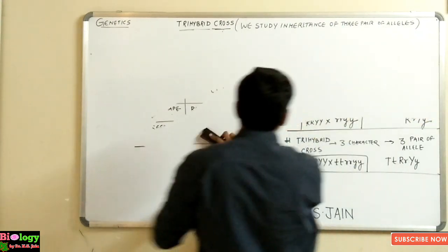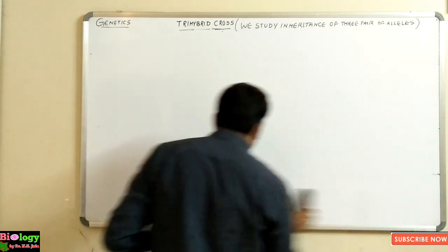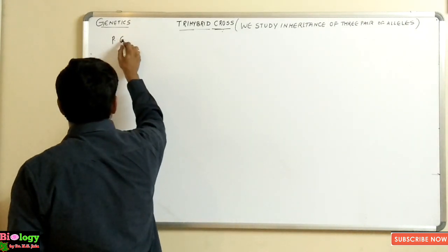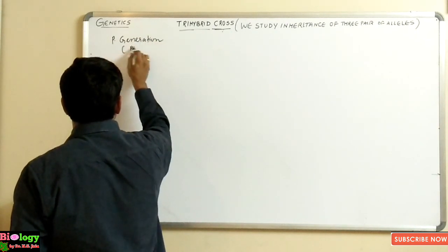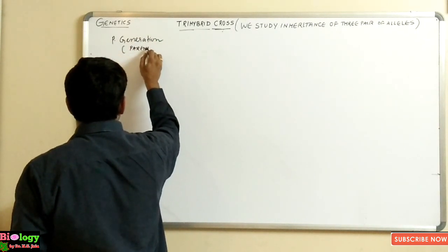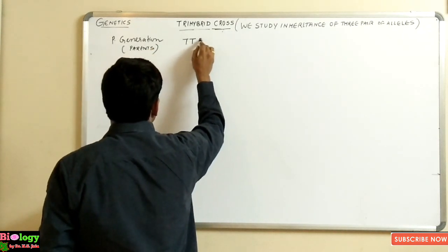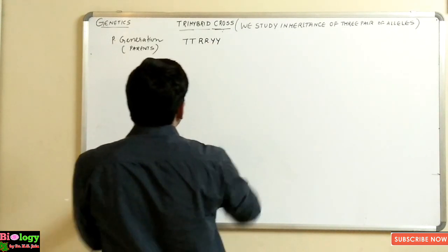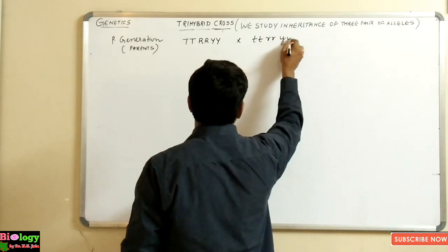In the parental generation we will be taking three pairs of alleles. This is our parental generation, meaning we take the parents and three characters: capital T, capital R and capital Y, crossed with small t, small r and small y.